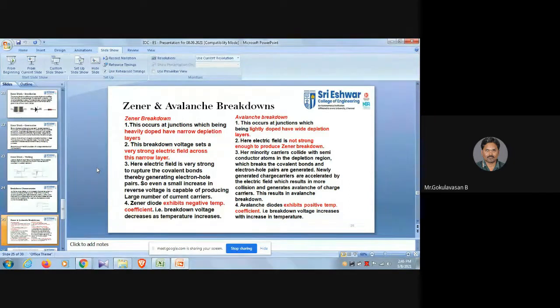But avalanche breakdown occurs at junctions which, being lightly doped, have a wide depletion layer. Number two, Zener breakdown voltage sets a very strong electric field across the narrow depletion layer. But in avalanche, the electric field is not strong enough to produce Zener breakdown.